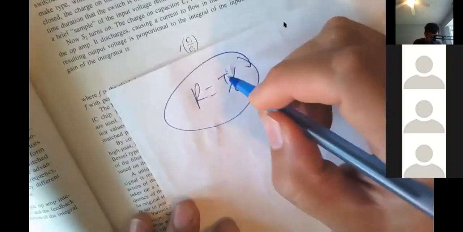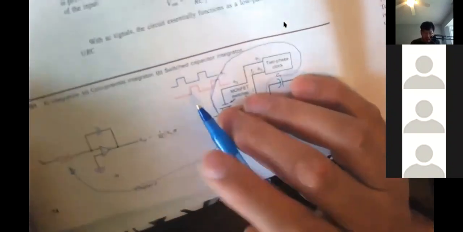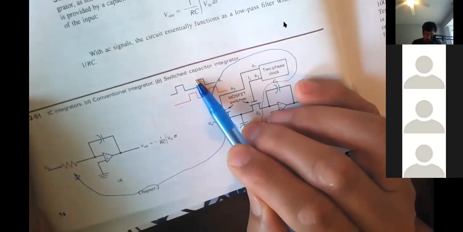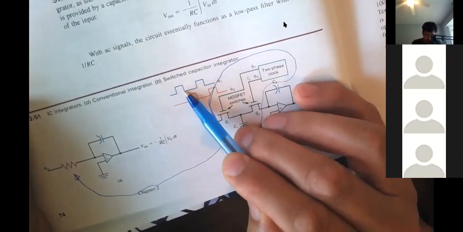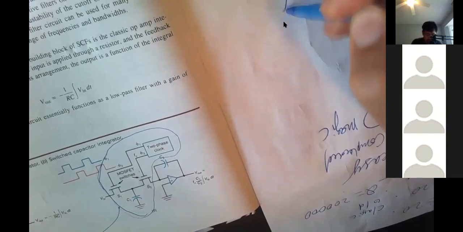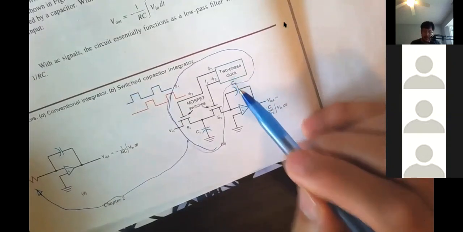T is the period of switch. By varying the T, it can be changed by computer.